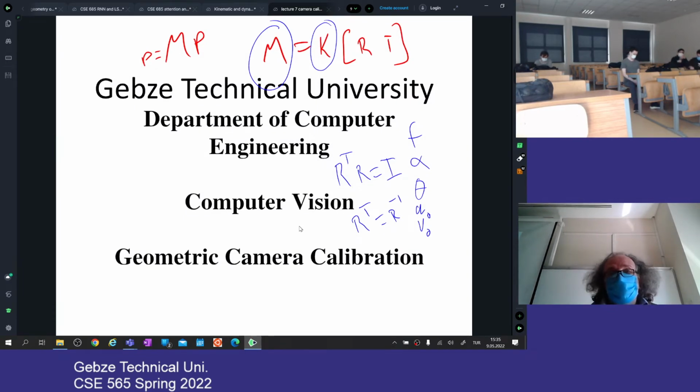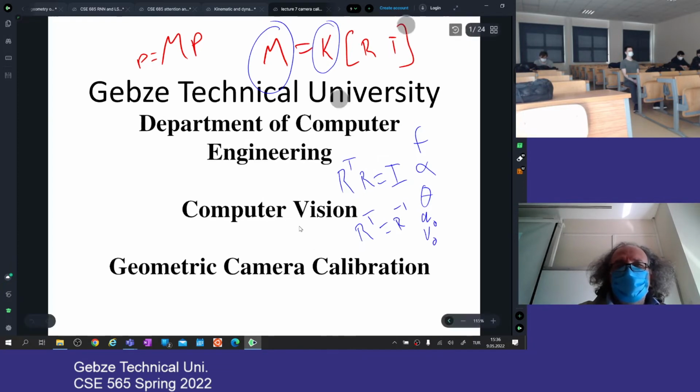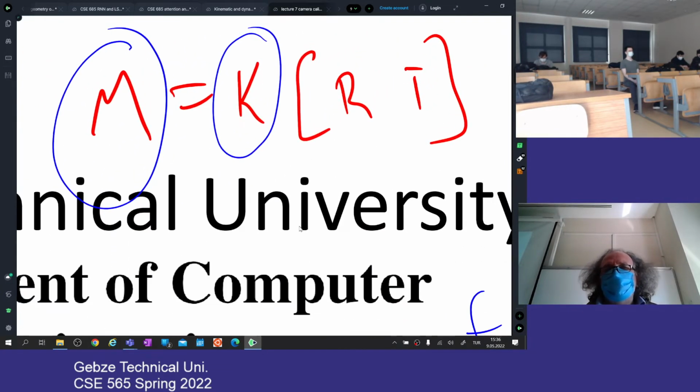Okay. So, geometric camera calibration. There are other camera calibration procedures such as photometric camera calibration. We are not going to talk about it. We are going to talk about geometric camera calibration. And if you remember, this is our projection matrix. Our projection matrix is a 3x4 matrix that transforms our three-dimensional world coordinates into two-dimensional image coordinates.